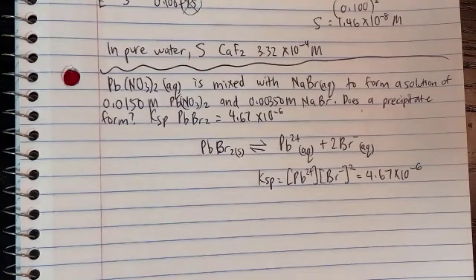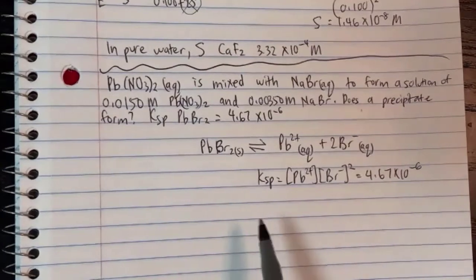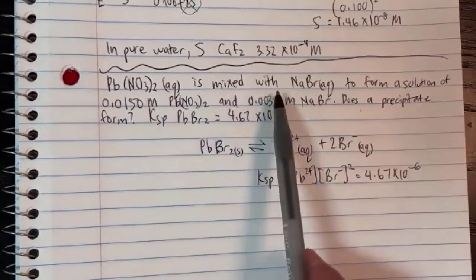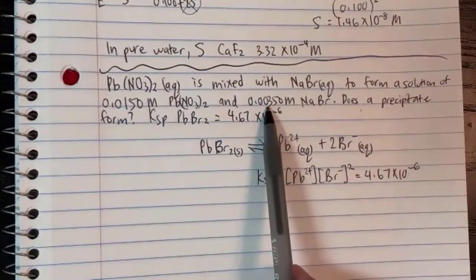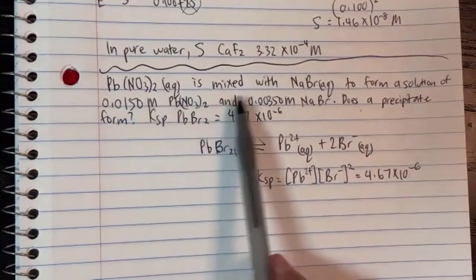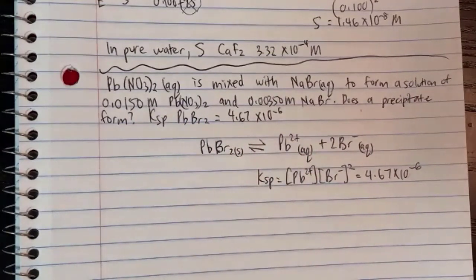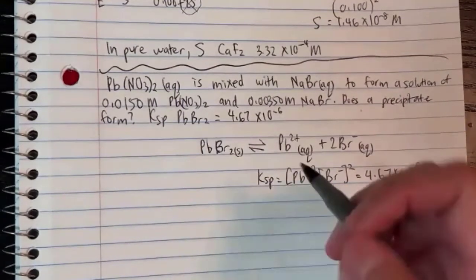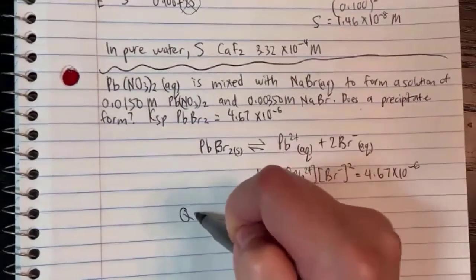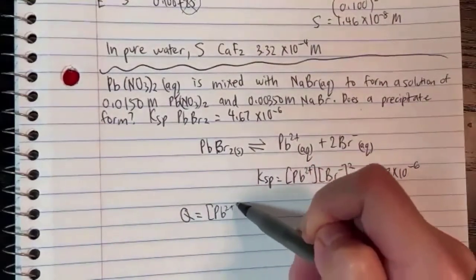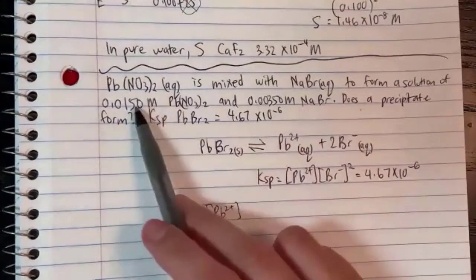So now that we have this, this is the K, and the molarity here is the Q, because they're asking, based on the molarities you have now, is it going to precipitate? The formula for Q is literally the same as K, which means I take the molarity of Pb2+ when not at equilibrium, which are these numbers.